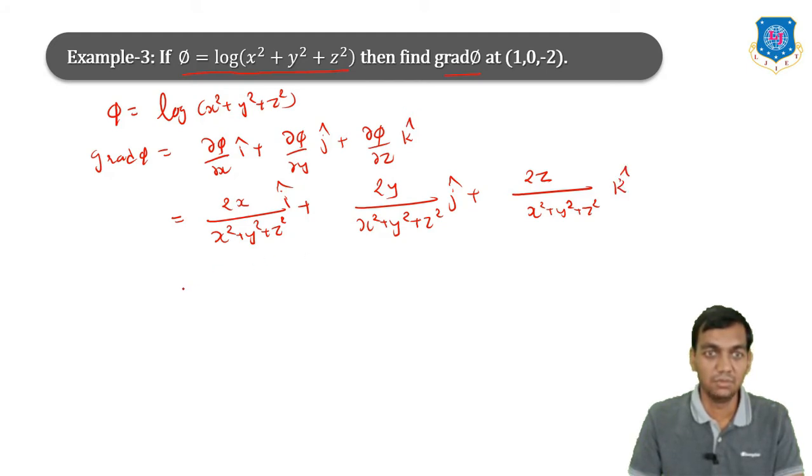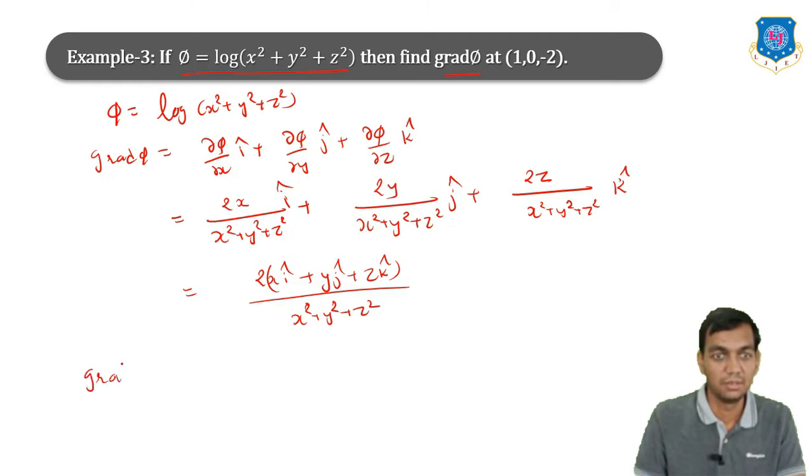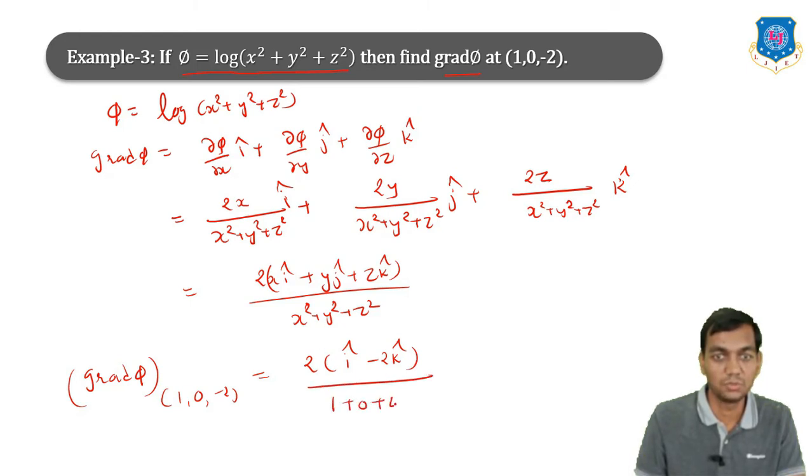Okay, and that will give you 2xi, 2 common out, so 2 into xi plus yj plus zk divided by x square plus y square plus z square, and therefore the grad phi at a point (1, 0, -2) will be 2 into i plus 0j minus 2k divided by 1 plus 0 plus 4.